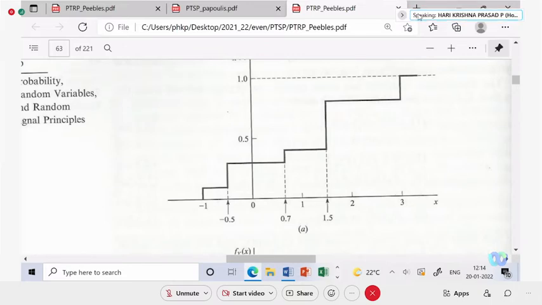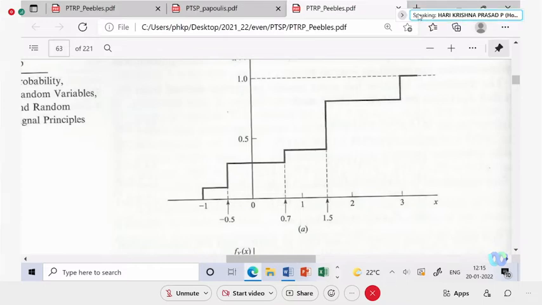Okay, you can say yes or no. I will say yes. The random variable is taking values between 0.7, slightly higher than 0.7, and slightly lower than 1.5. But I say the probability of occurrence of that value is 0.